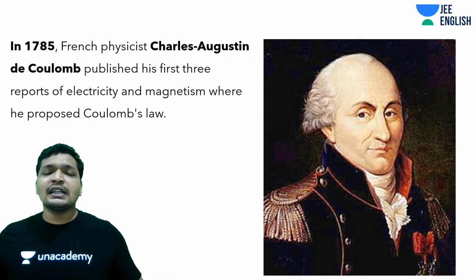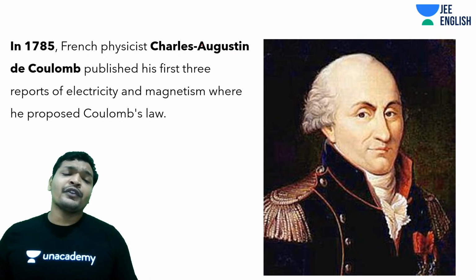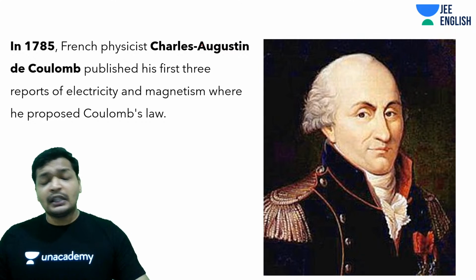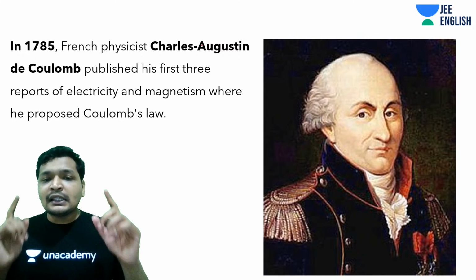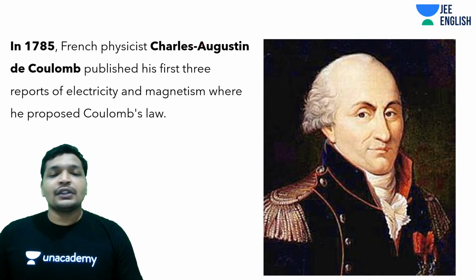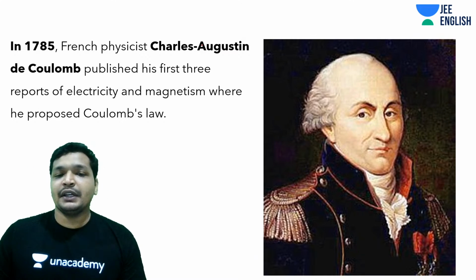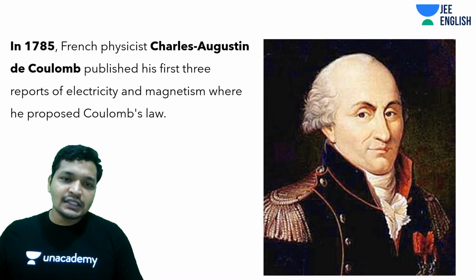There were many attempts, not just Charles Augustin de Coulomb. Before him, there were many scientists who proposed it. But at the same time, two people theorized it: one was Coulomb, and the other was Henry Cavendish. Both wrote papers, both wrote theories.